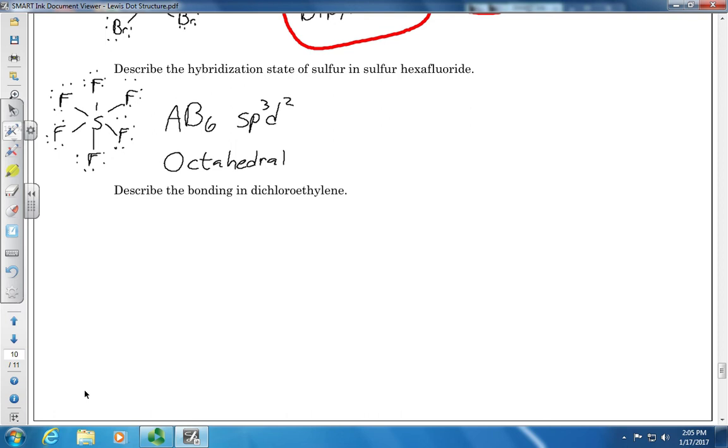And to better describe that, let's look at our electron configuration. If you recall, when you were working on the Hund rule, you would have a box for S and 3 boxes for P, 1 for each direction in space. So for the Hund rule, if we were looking at sulfur, which has 6 valence electrons, we would fill it up like so. And that would be true if it was by itself.